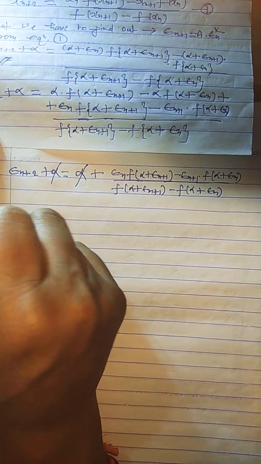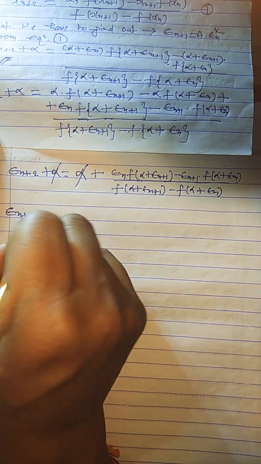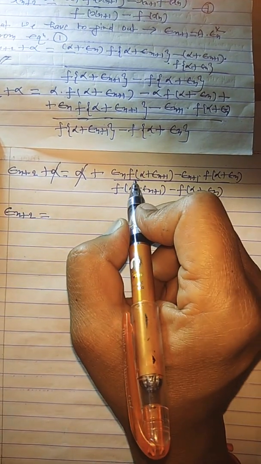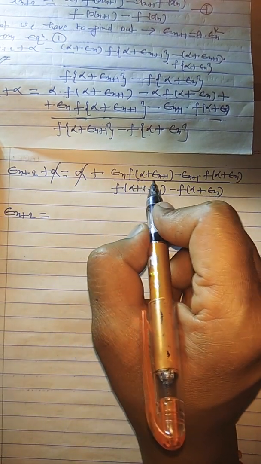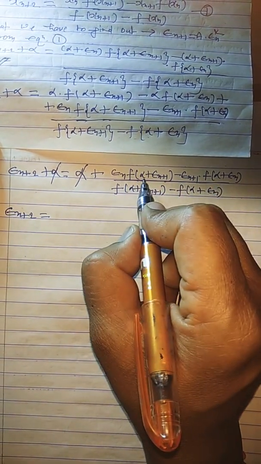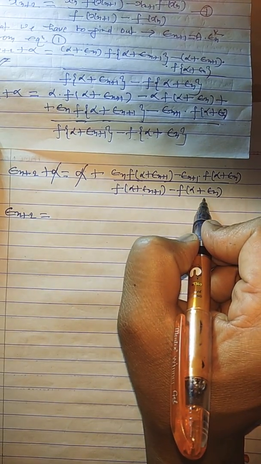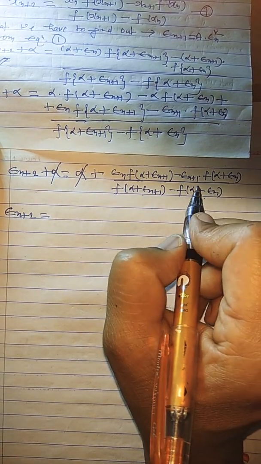Now epsilon n plus 2 is equal to, now we have to expand all these four terms with the help of Taylor's theorem.